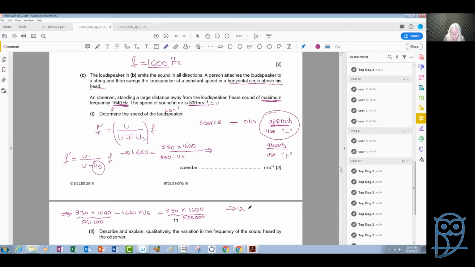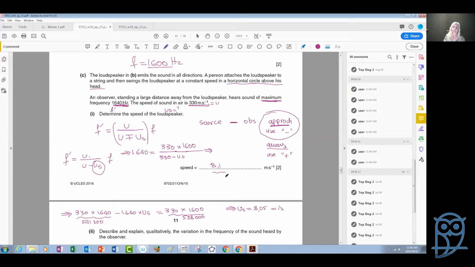This will give us about 8.05 meters per second, which we can round to 2 significant figures: 8.1 meters per second. I would think that this would be the correct answer here.